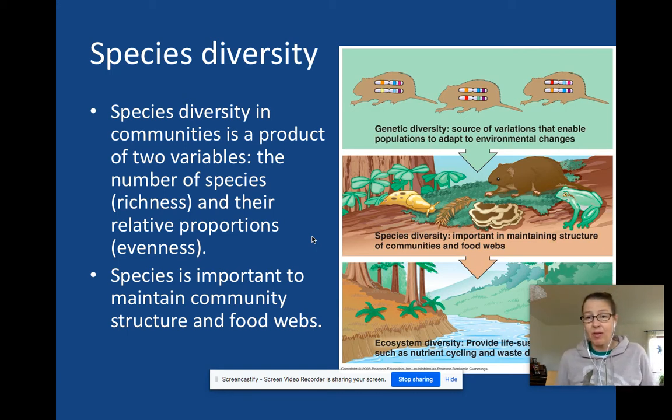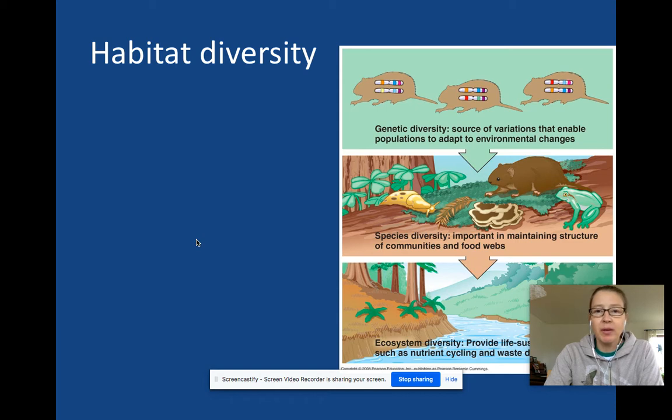So if you have a very diverse species community and one species goes extinct, there are probably other things for those species to eat, and it can help maintain those food webs.